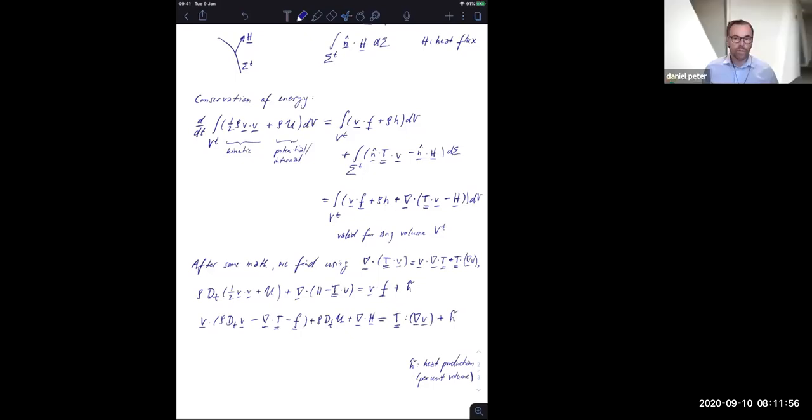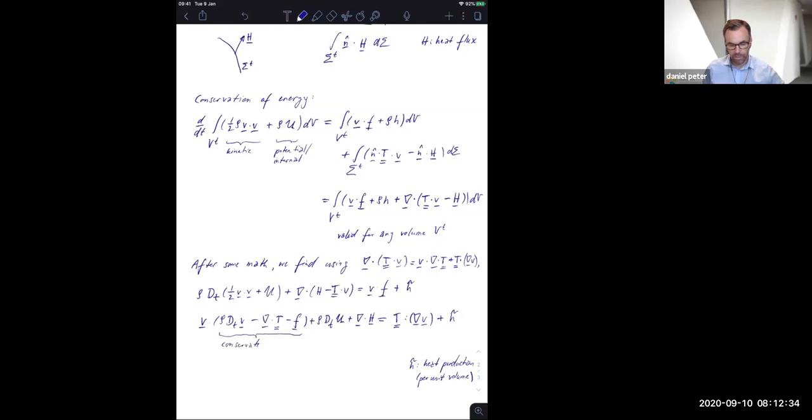Good. Why do we write it now in this way? It's because of this term here. So if you have your notes for the conservation of momentum we saw yesterday, this should look familiar. So look it up and what you see, oh, okay.